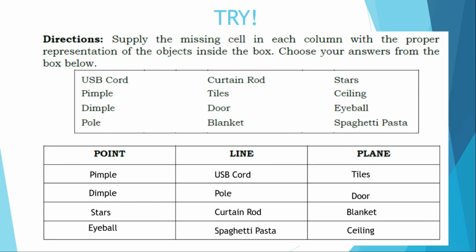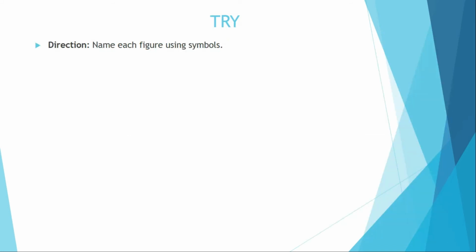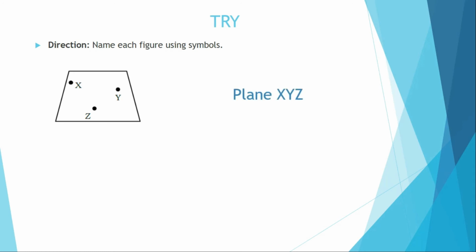Let's proceed now to the next activity. Name each figure using symbols. So the figure 1, we have this. A plane. Of course, it's a plane. As you can see, it's a plane. And we name it as plane XYZ or plane YZX or plane ZYX.